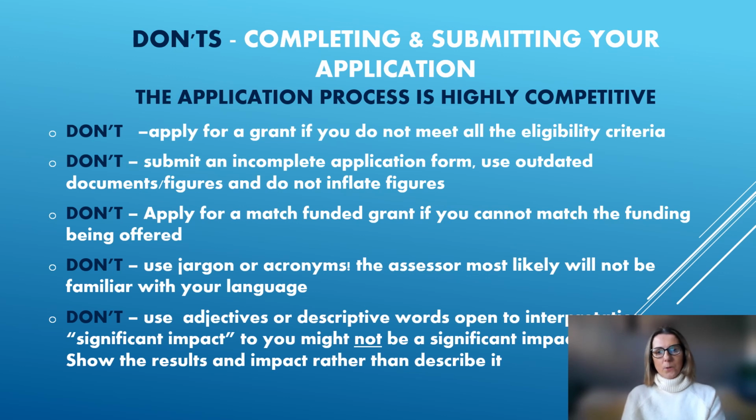Instead of using those sorts of words, show the results and impact. Back it up with figures. Be very specific and show how you can use that money to grow the business. But show your results and impact basically rather than describing them.